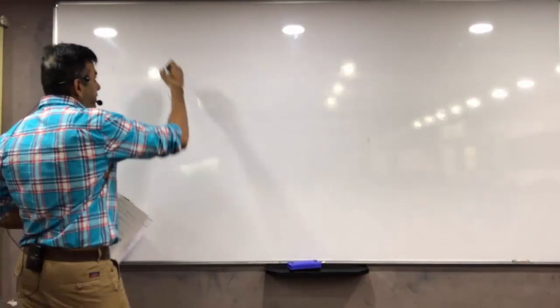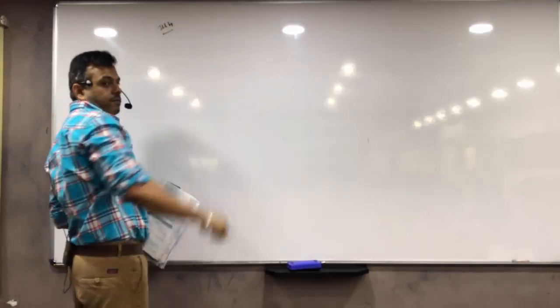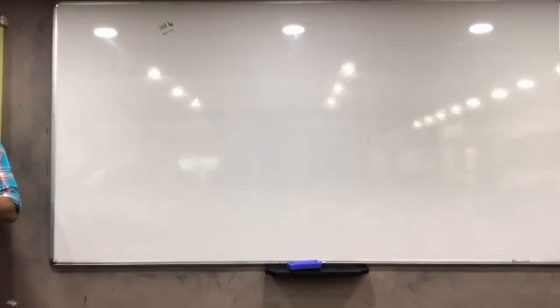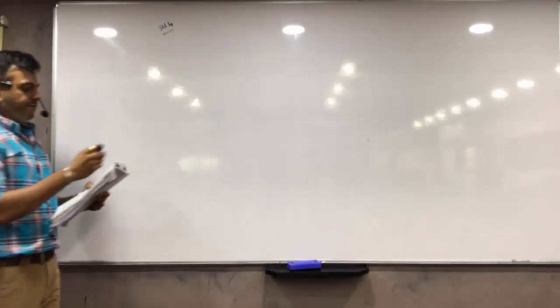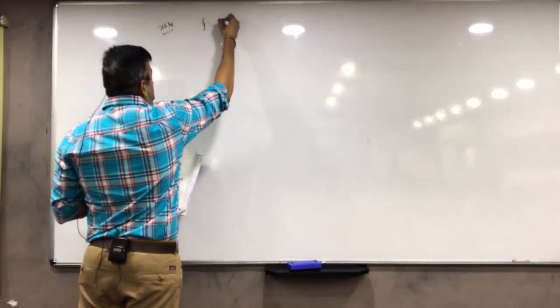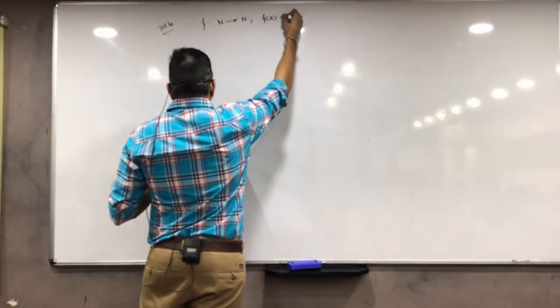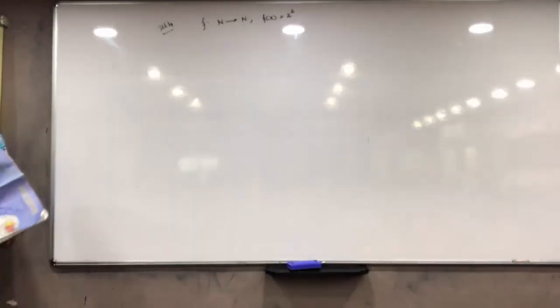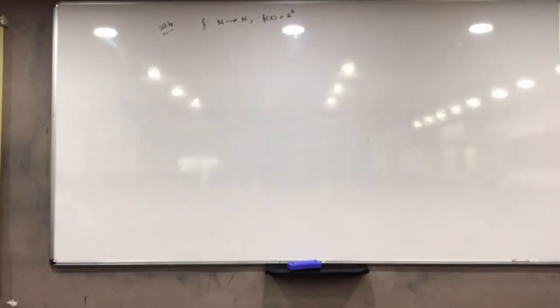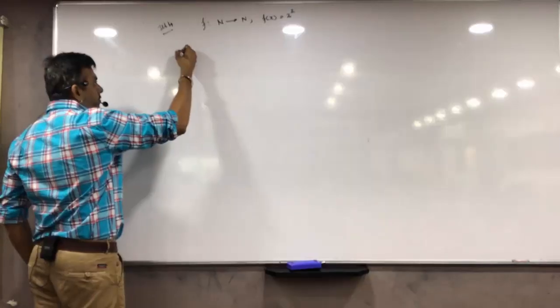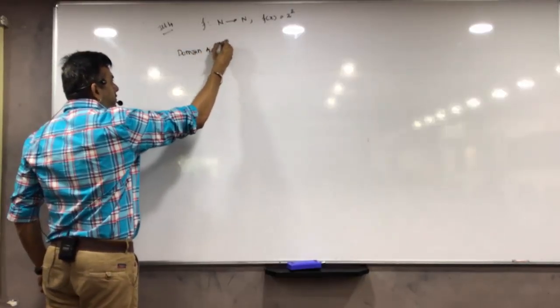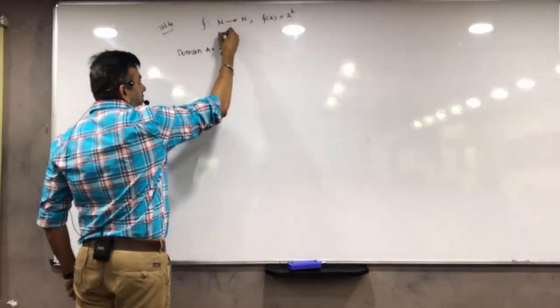Illustration 4. Pay attention please. State the type of function f from set N to set N, where f of x is equal to x square. Now, domain A is equal to, do you know what is N?